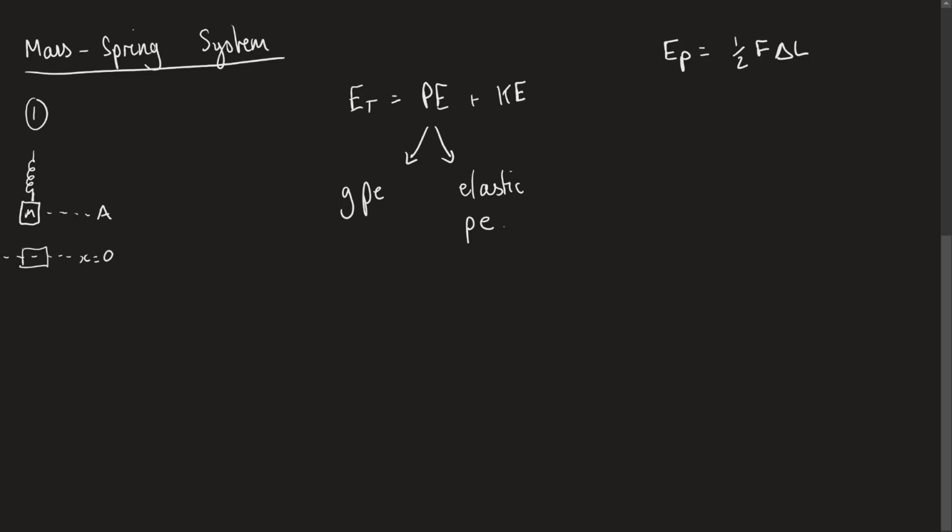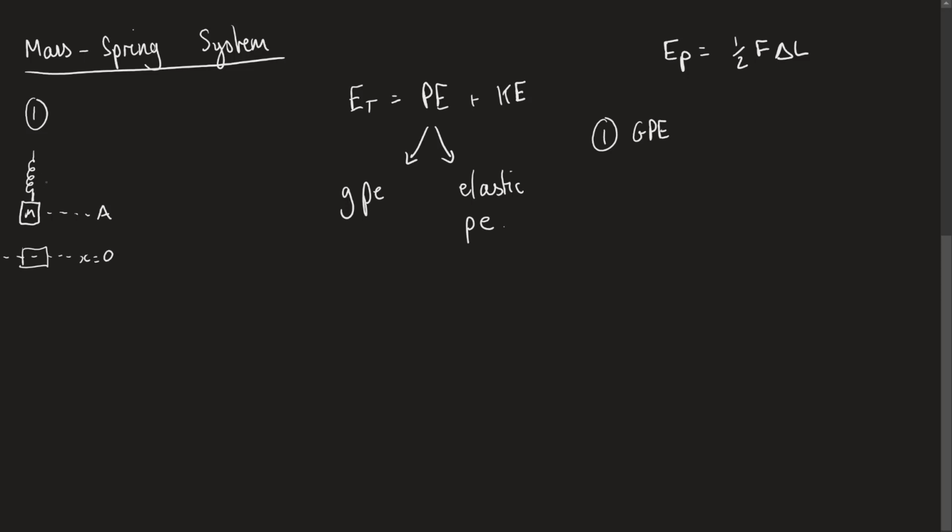Okay, now at position 1 that we've just defined, potential energy is mostly due to gravitational potential energy, since we're at the maximum height that we could possibly be. But we also will have some elastic potential energy because we've compressed this.